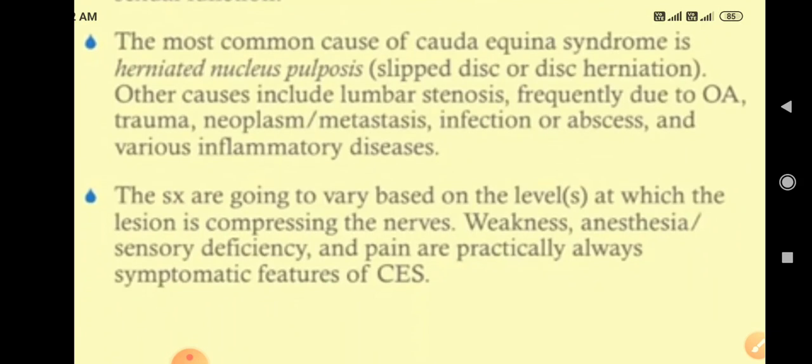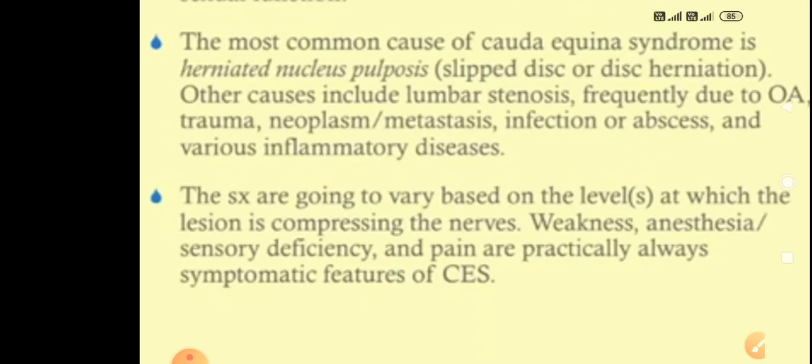Symptoms are going to vary based on the level at which the lesion is compressing the nerve. Weakness, anesthesia, sensory deficiency, and pain are practically always symptomatic features of Cauda equina syndrome. Okay.